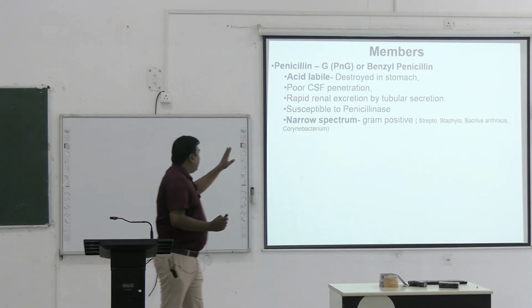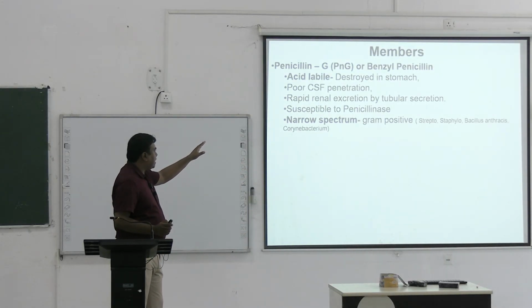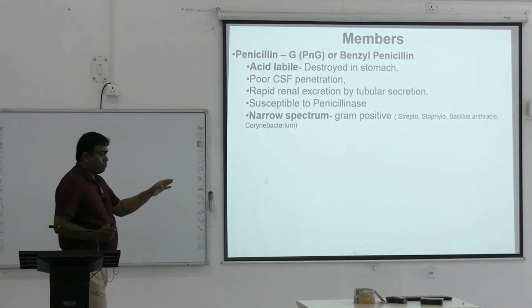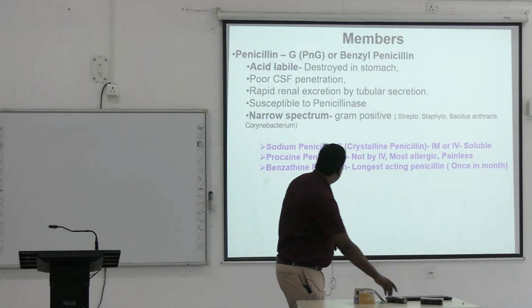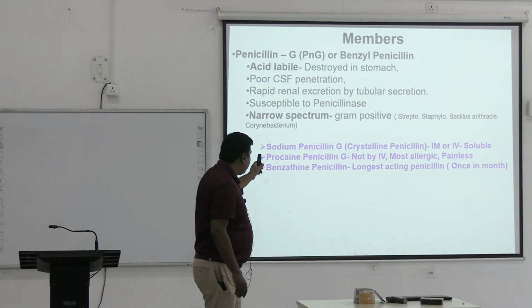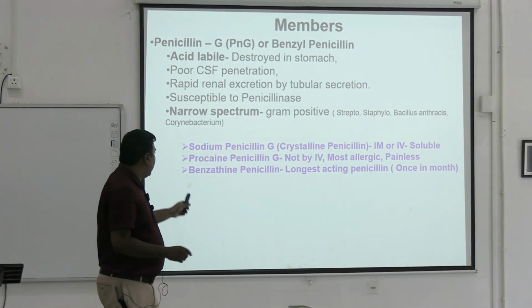So penicillin G, benzyl penicillin, has less penetration in the CSF, rapid renal excretion, narrow spectrum. Then, already discussed, sodium penicillin G, crystalline penicillin, is the most allergic one.